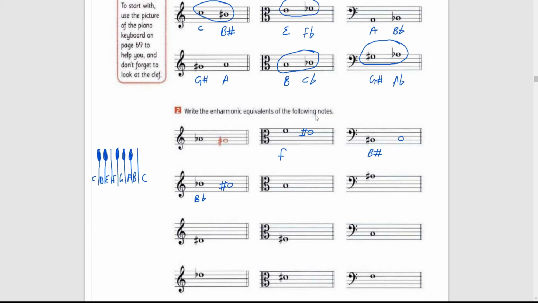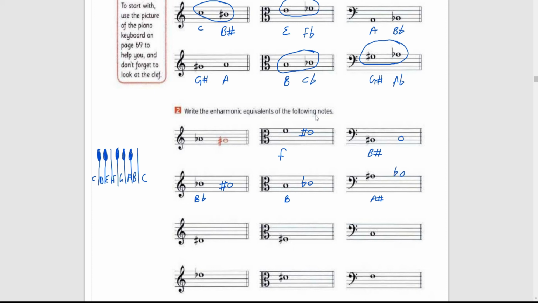Okay, next we have this B natural. B natural can only be C flat. So we have to make C and make a flat. Next one, this is A sharp. Now A sharp is one semitone away from B. There can be B flat. So we write B and a flat.